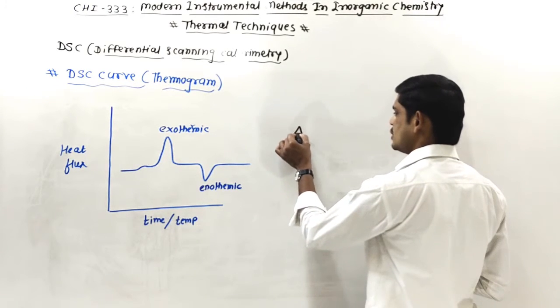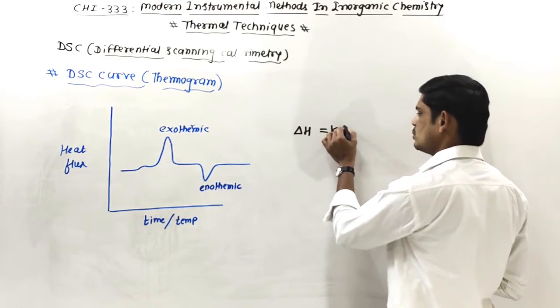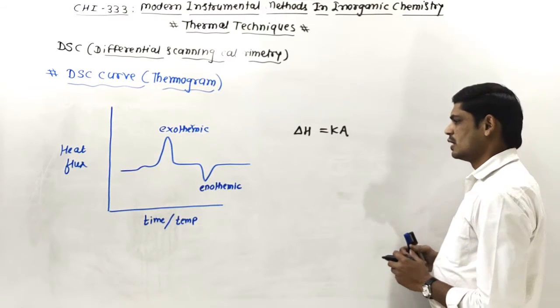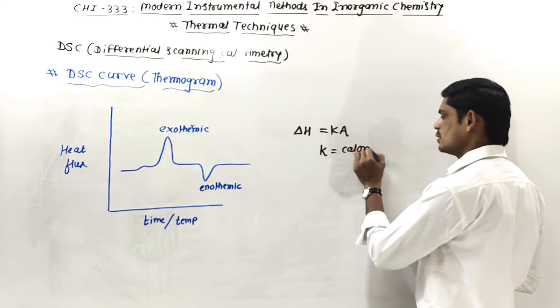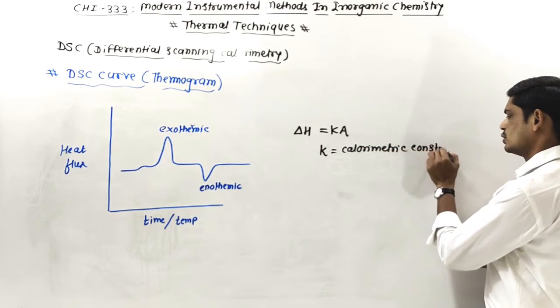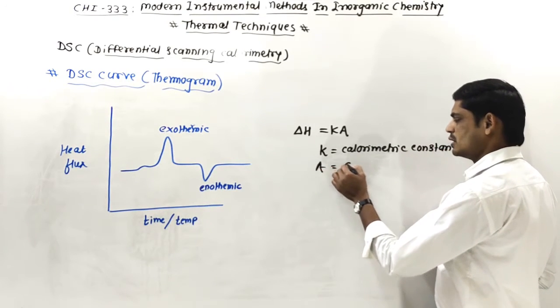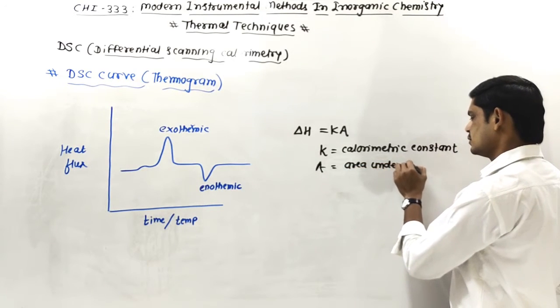The enthalpy change delta H is equal to K into A. Here K is nothing but the calorimetric constant. A is nothing but the area under peak.